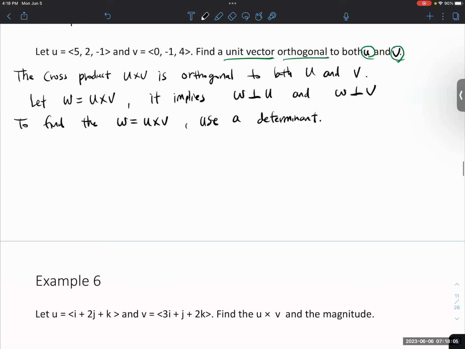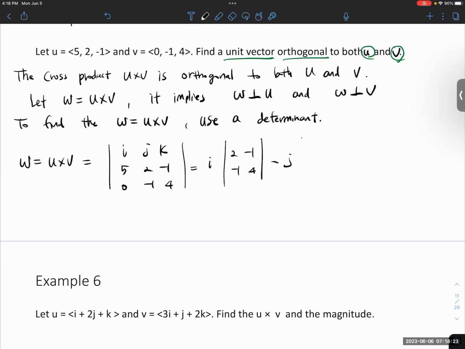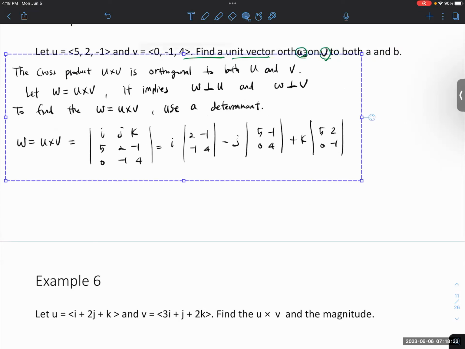We're going to do the same work. W is U times V. So we have I, J, K first, then 5, 2, -1, 0, -4. So I, what? 2, -1, -4, 4, minus J, 5, -1, 0, 4, plus K, 5, 2, 0, -1. Let me minimize it.